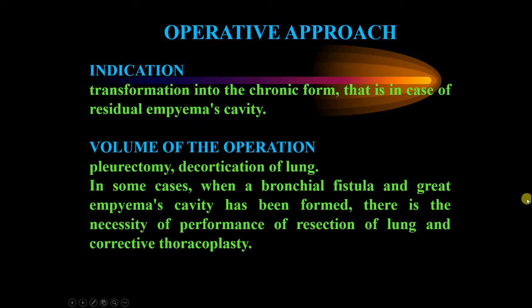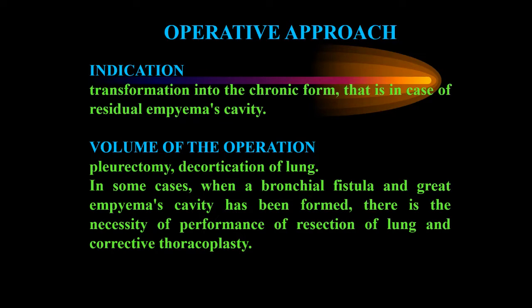The operative approach we use if all previous measures were not effective. Indications: transformation into the chronic form, that is, in case of residual empyema cavity. Volume of the operation: pleurostomy or decortication of the lung.